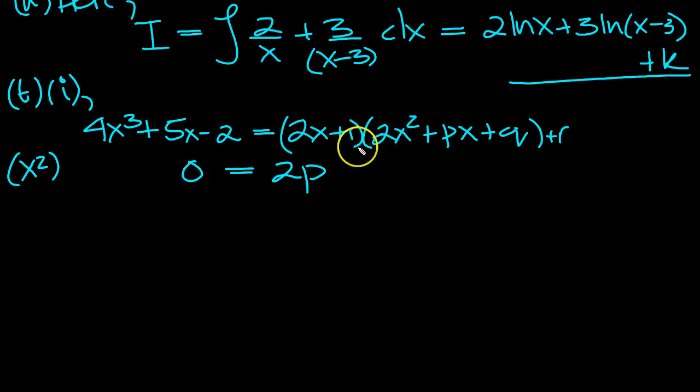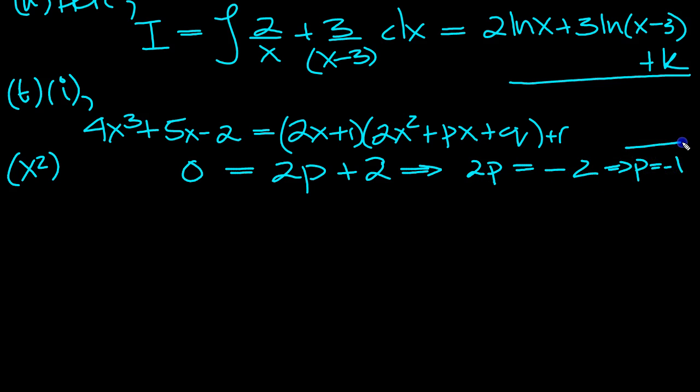We've also got a 1 times 2 here for x squareds. That's 2, isn't it? So that's all the x squareds on this side. So 2p plus 2 equals 0, move the 2 over, and that tells us that p equals minus 1. So there's p.